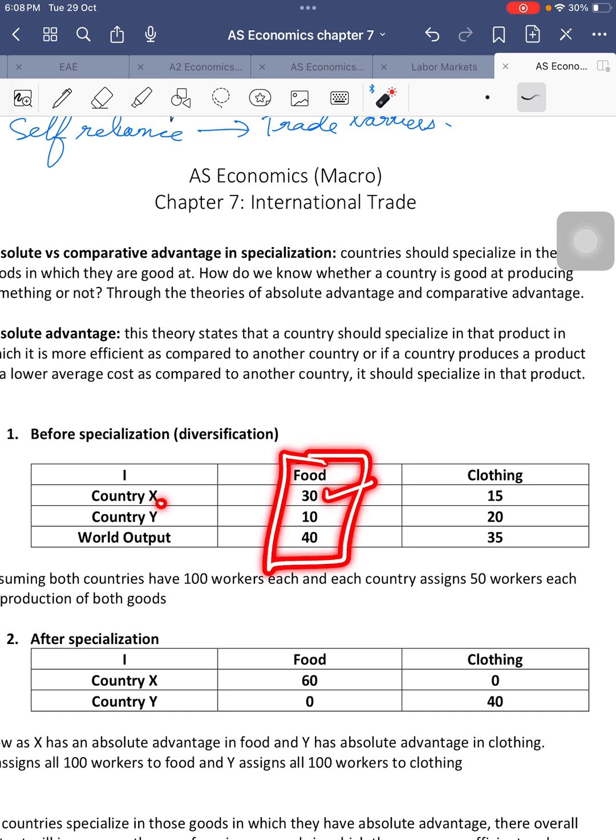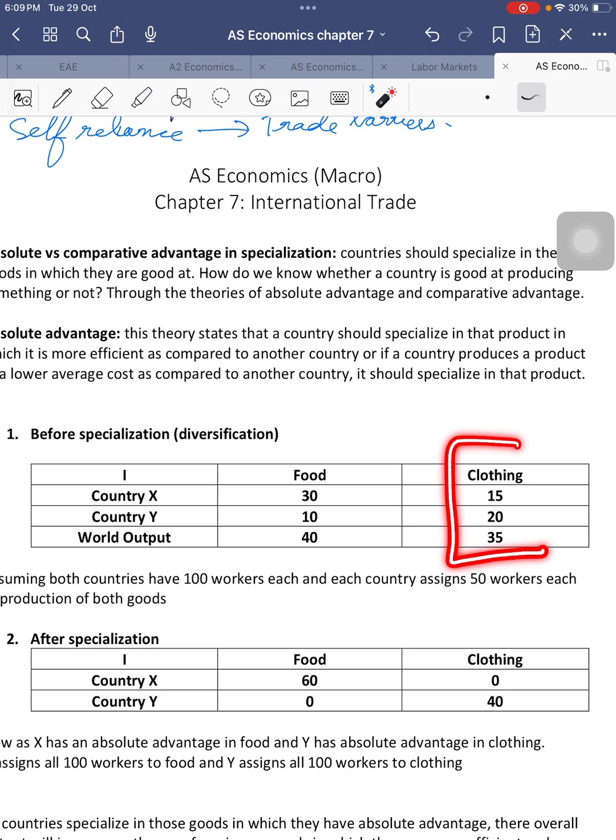In this case, we know that country X has an absolute advantage in the production of food. Why? Because with the same resources of 50 workers, country X is able to produce 30 food, while country Y is only able to produce 10 food. So country X will specialize in food.